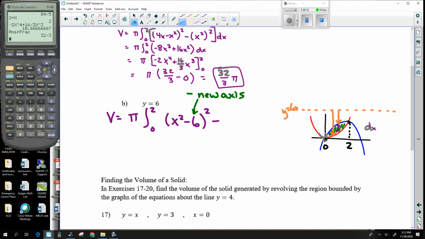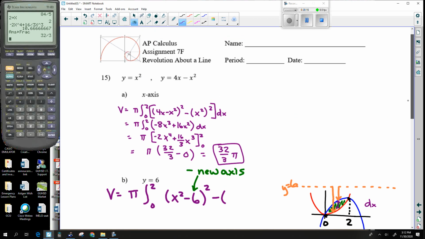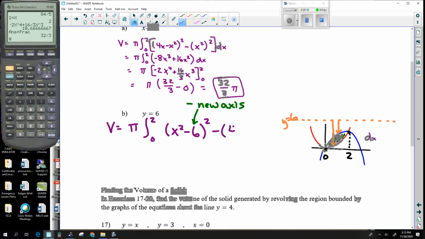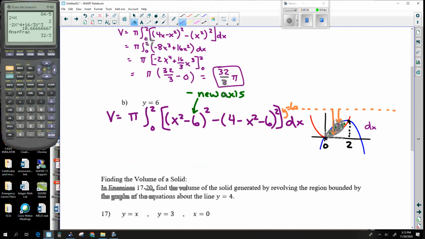All right, so that's the big radius, and now the little radius is going to be 4 minus x squared, and then subtract off the new rotation. Sorry, 4x minus x squared.